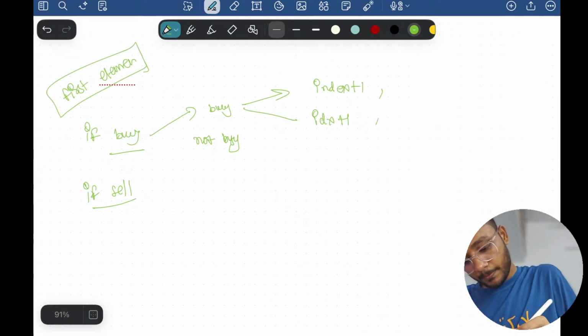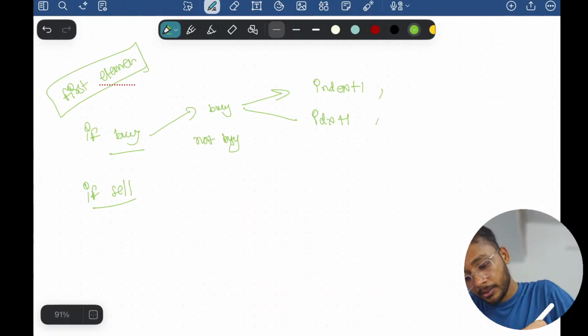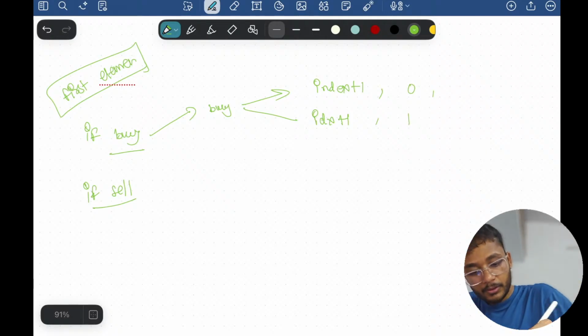Second, second option, you are buying or not buying. Okay, I'm keeping it here only. So if you are buying, that means it will become 0. If you are not buying, it will become 1. And another thing, if you are buying, then capacity will remain whatever capacity you have right now.